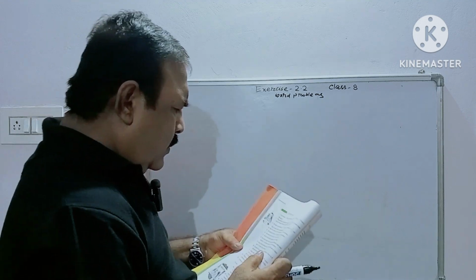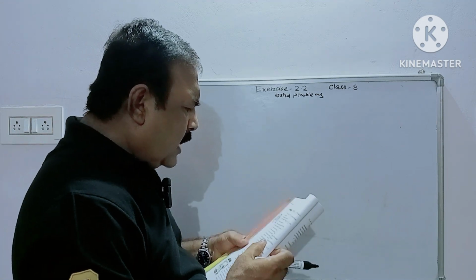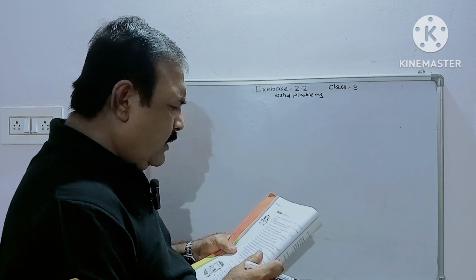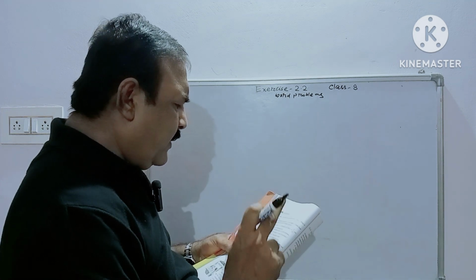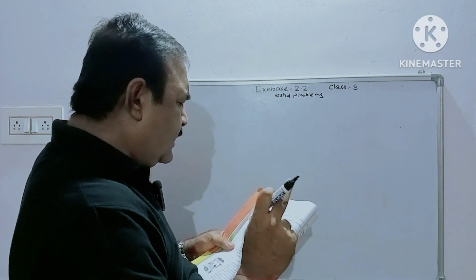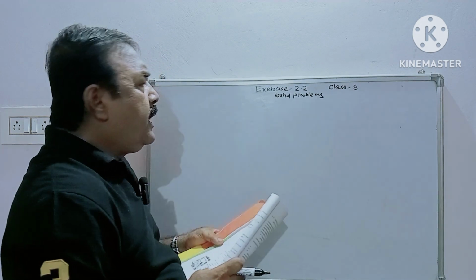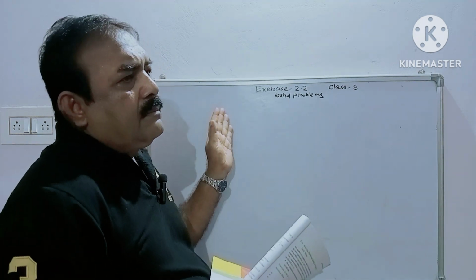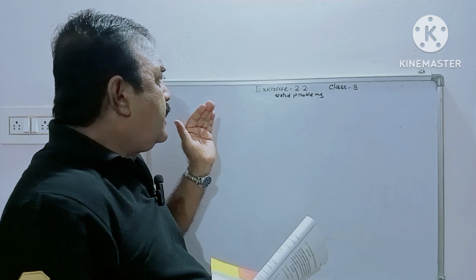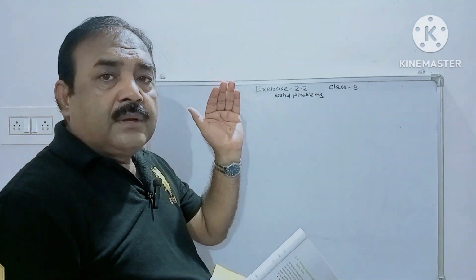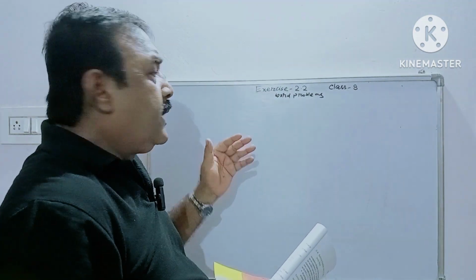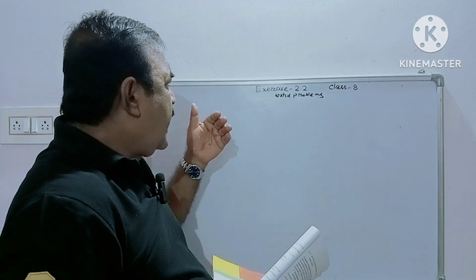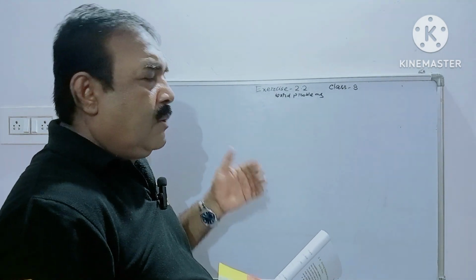Question number 4. Sum of two numbers is 95. If one exceeds the other by 15. When you attempt a problem, what do you do first?